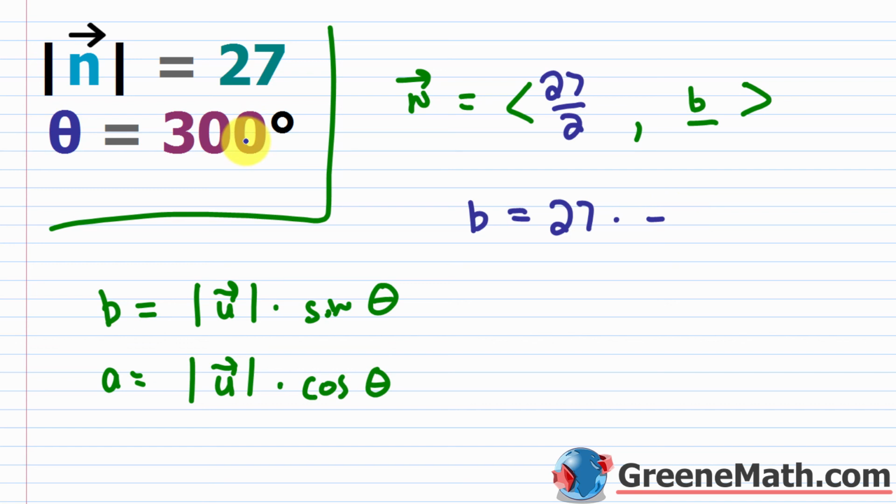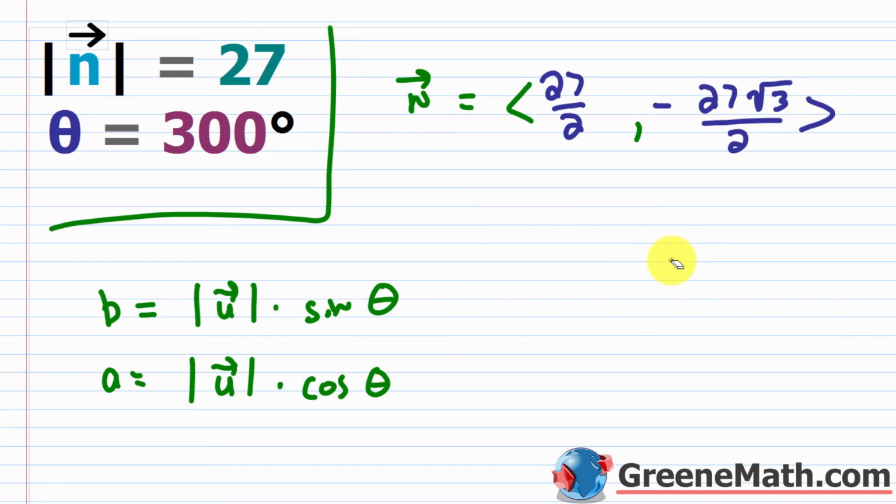Sine of 60 degrees is square root of 3 over 2. You're not going to be able to really simplify this too much. Let me put the negative out in front: negative 27 times the square root of 3 over 2. Let me close my brackets. So this would be your component form for this vector n.